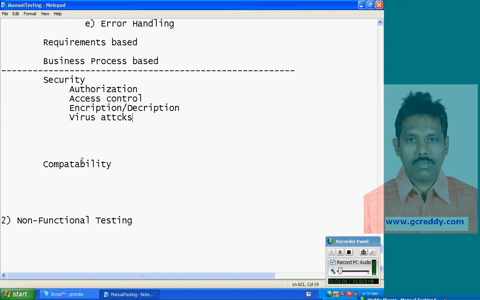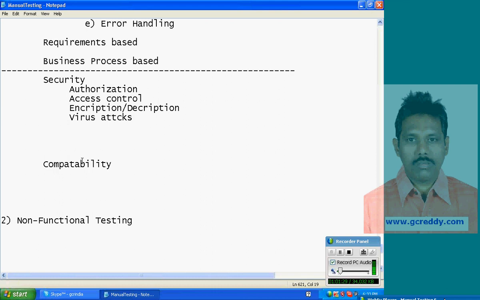Next, last one, virus attacks. For preventing attacks from viruses, we use antivirus software. But our application has some minimum protection. It has to prevent to some level.